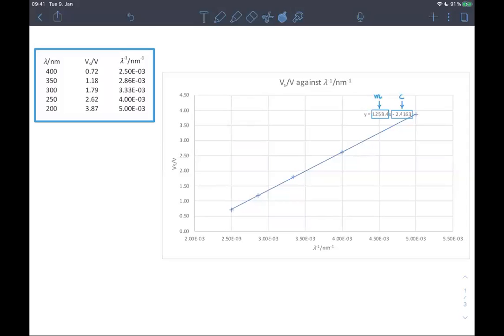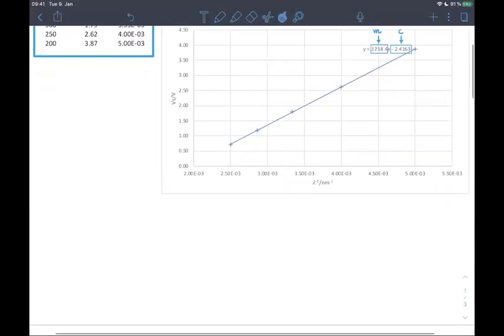Okay, so here you may note the values of lambda in nanometers and the values obtained for the stopping potential. I will explain to you why I've calculated values of 1 on lambda in a moment. Okay, I will get back to the graph in a moment.